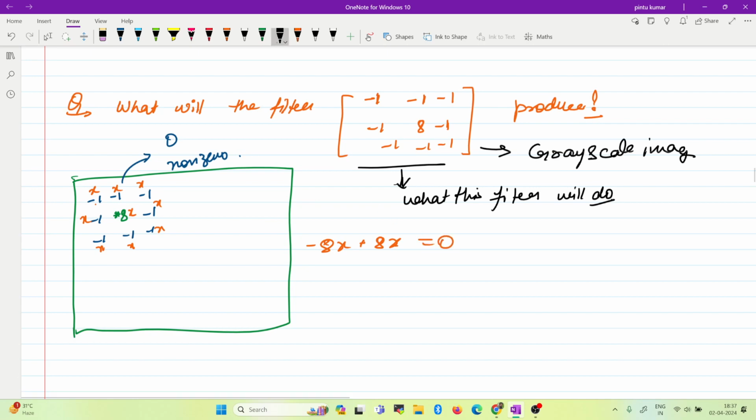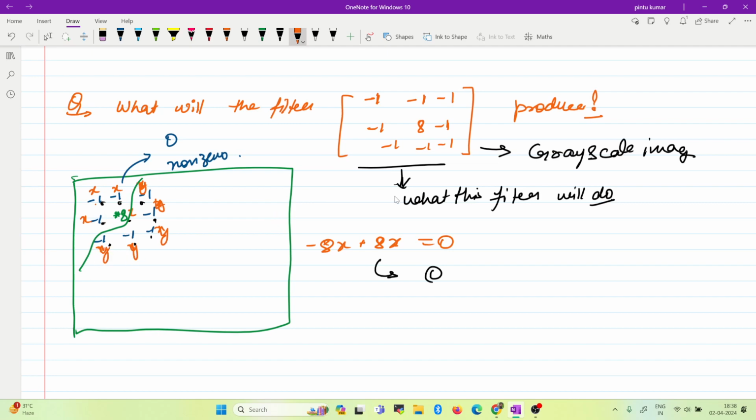So if the values are very close to each other at all these points, then the value that I'll get is 0. Now let's say my values are not the same. Let's say something like this: values over here are y, y, y, y, y.